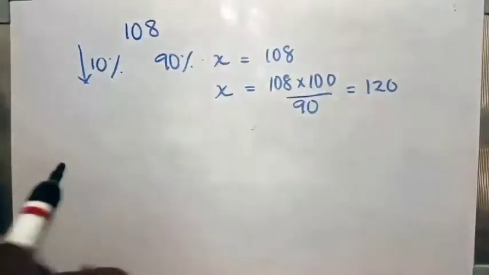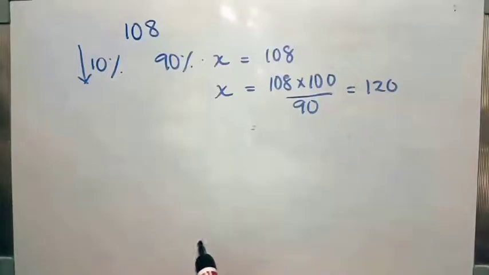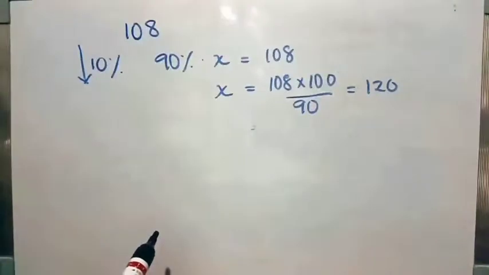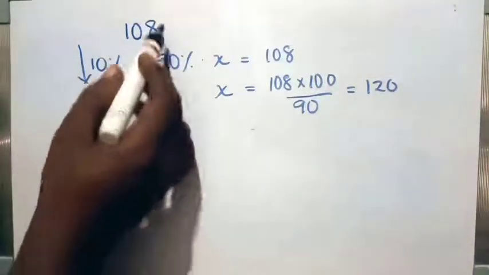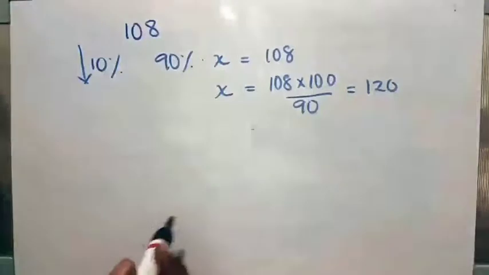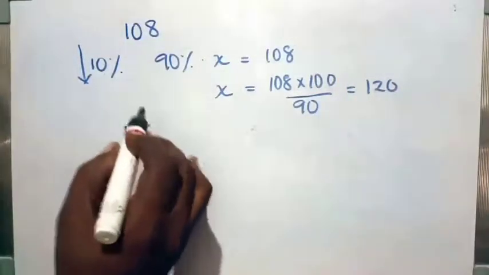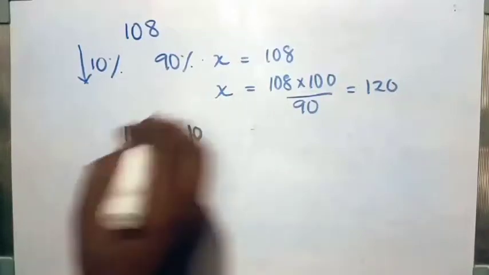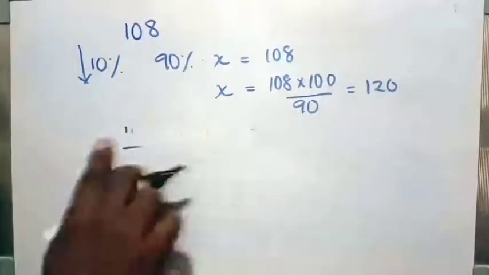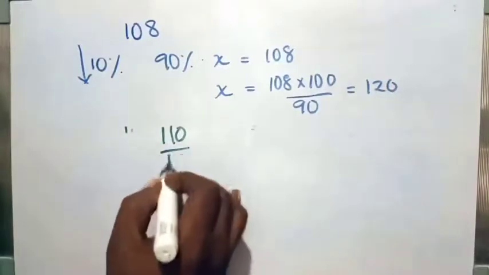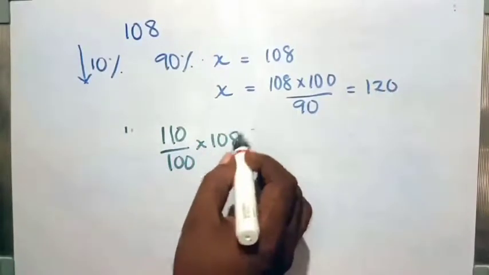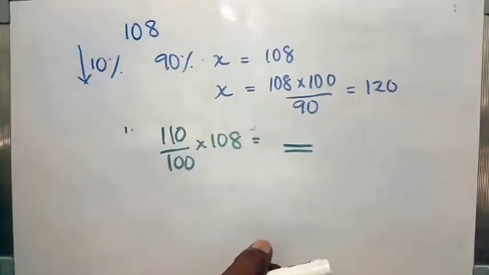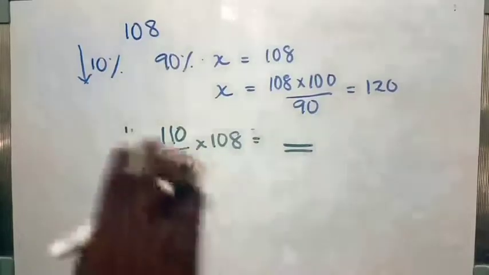So a wrong concept is, if you increase 108 by 10%, we will get the original price. Like this: 108 is the original price, its 10% is increased, that is 110%. If you do this one, we will get the correct answer. No, that is one of the wrong concepts. Did you get what I meant?